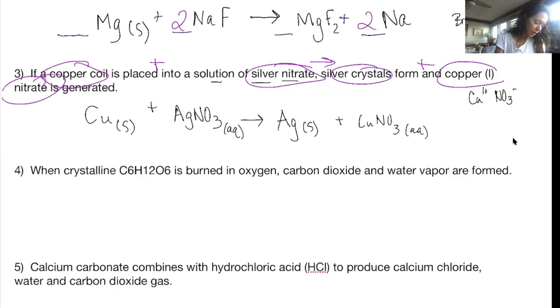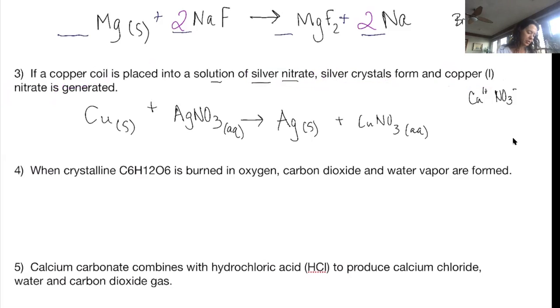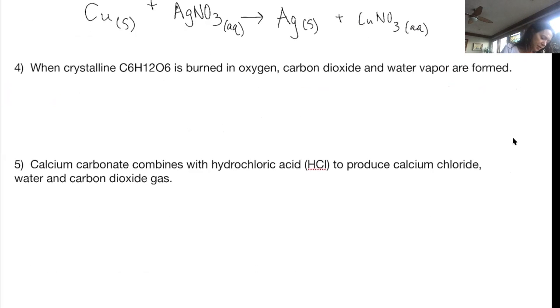So, go and balance it, pause, go balance. Okay, are you back? All right, it's already balanced. You don't have to do anything. 1 to 1 to 1 to 1 to 1. It's already balanced. Let's do this again.